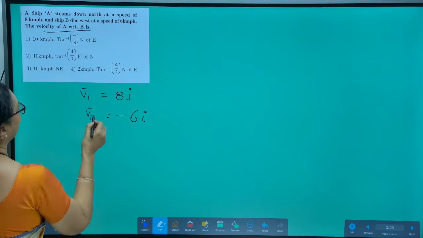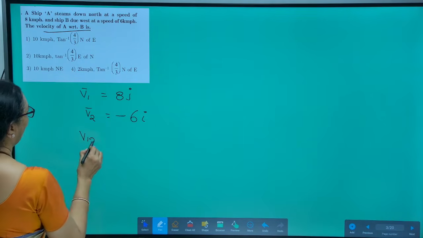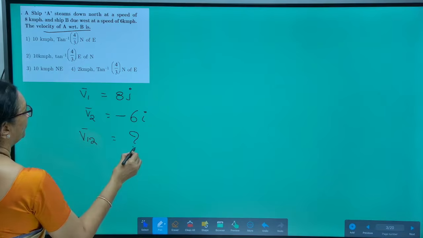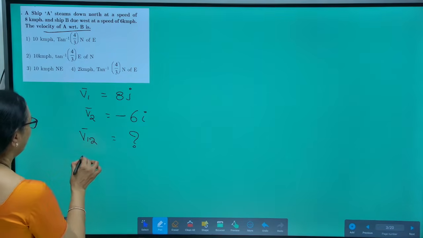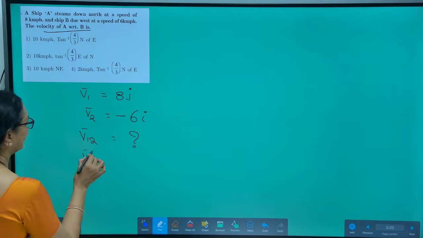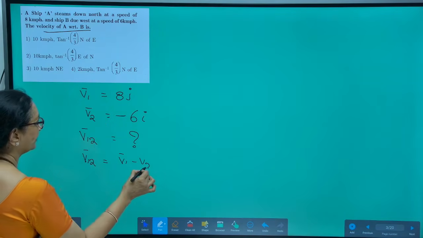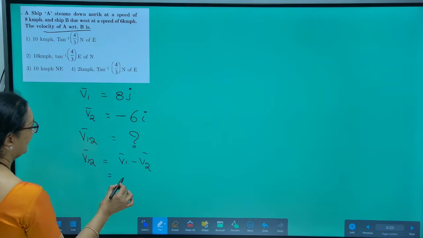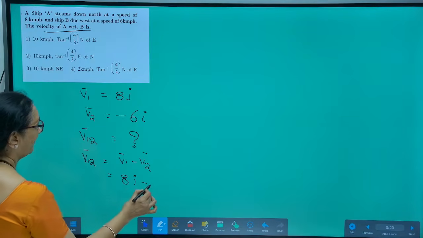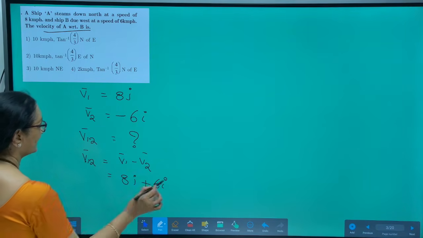We need to find the velocity of A with respect to B. V12 bar is how much? The velocity of 1 with respect to 2 is V1 bar minus V2 bar. This is 8j minus of minus 6I.